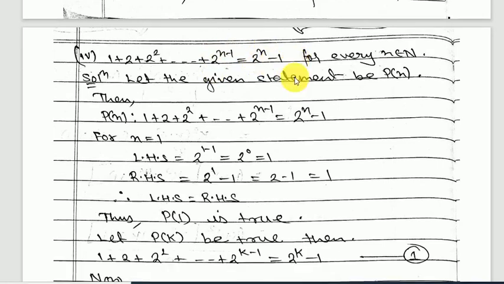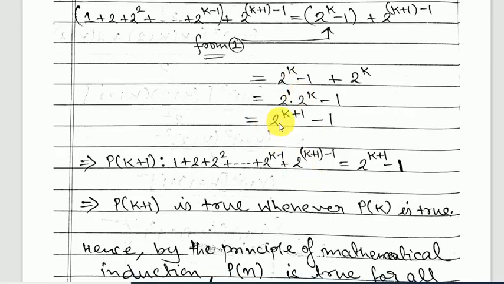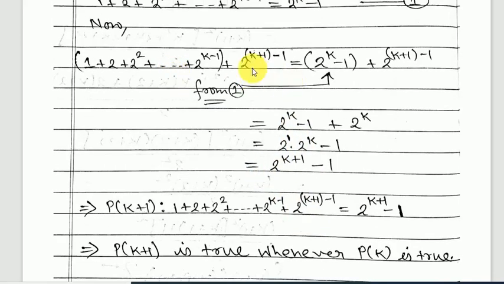So we have shown that if the last term is 2 to the power k plus 1 minus 1, then we get 2 to the power k plus 1 minus 1. That's how we get that this is the statement for k plus 1.